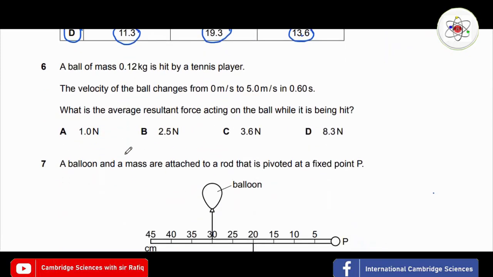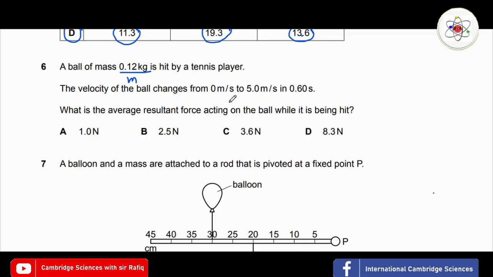Question number 6, a ball of mass 0.12 kilogram is hit by a tennis player. The velocity of the ball changes from 0 meter per second to 5 meter per second in 0.60 seconds. All right, so what is the average resultant force acting on the ball while it is being hit?